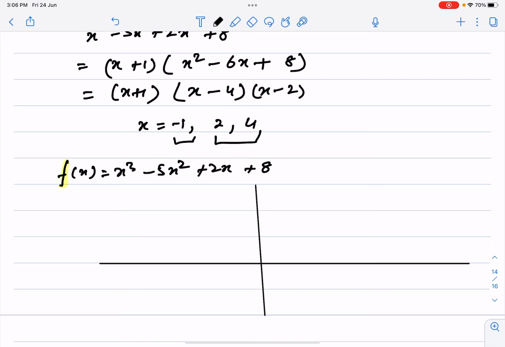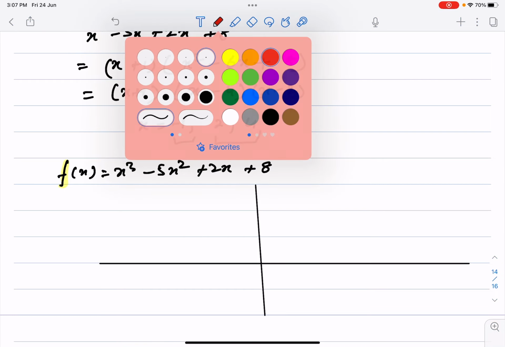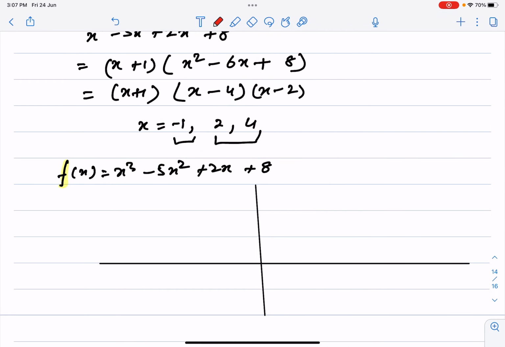This is our x-axis and y-axis. Let's mark the points. This is suppose -1. This is 1, 2, 3, 4. 4 and 2 are our roots. -1 is also our root.